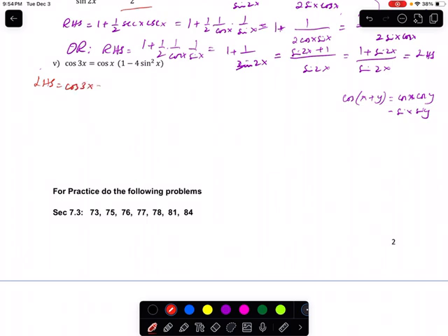So we wrote it as cosine of x plus 2x, and when we apply the formula, cosine x cosine 2x minus sine x sine 2x, which is equal to, so now this is cosine x and this is cosine 2x. Well, for the second part we are sure what we will get. So for the second term over here, we get what? Sine x times 2 sine x cosine x.